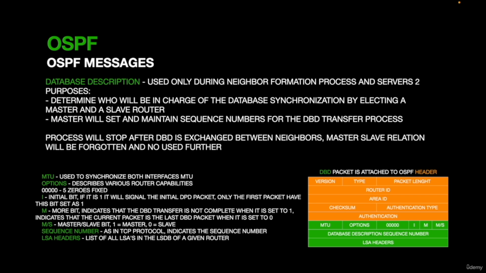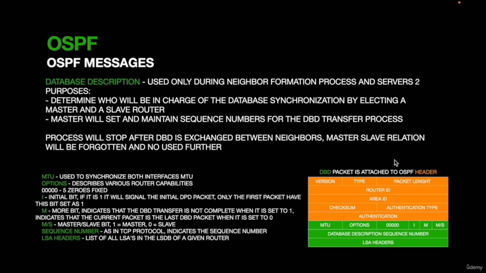I will explain in other slides how all of this works. Also, database description messages will expire after all neighbors exchange the DBD packets, and the master and slave relation will be forgotten, and it will not be used further.